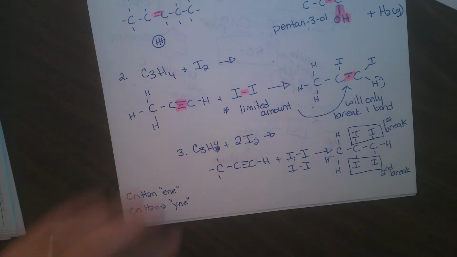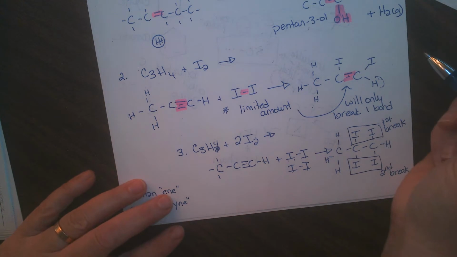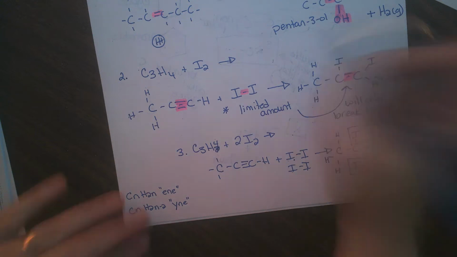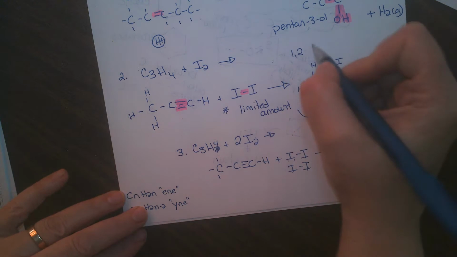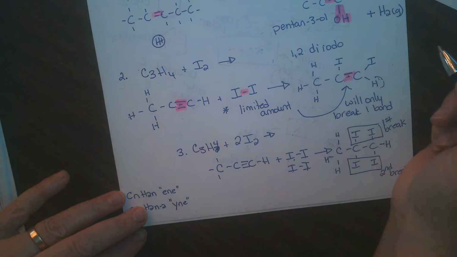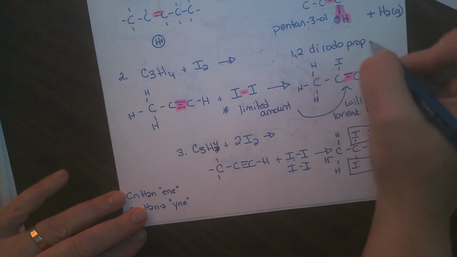So if we were naming this guy right here, how would we name it? What's our naming rule? We have to find the longest chain of hydrocarbons. 1, 2, di-iodo. Propene.